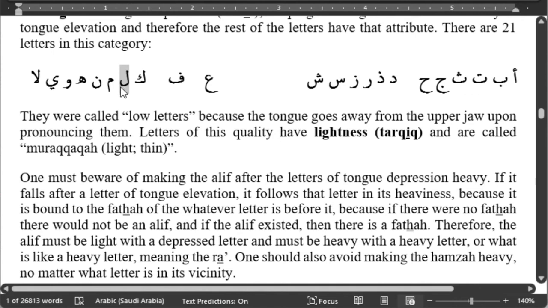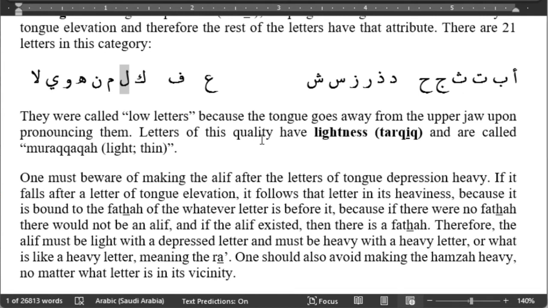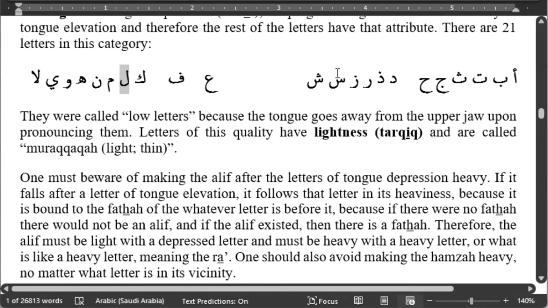Lam has tarqiq, except in the name of Allah. You say Allah in the name of God, but otherwise you give it lightness. Or for example, a woman's name, some people say Fatima, Fatima, it's fa. Open your mouth. Fatima, Fatima.